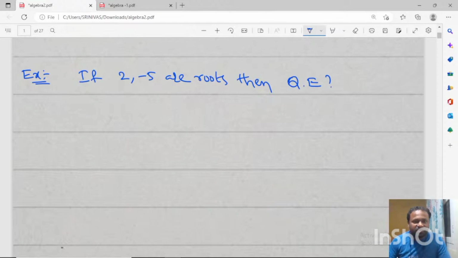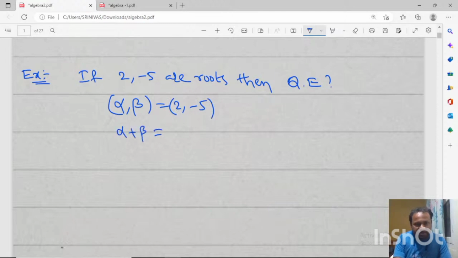Easy, very easy. Alpha comma beta, or 2 comma minus 5. So alpha plus beta is equal to 2 minus 5. How much?